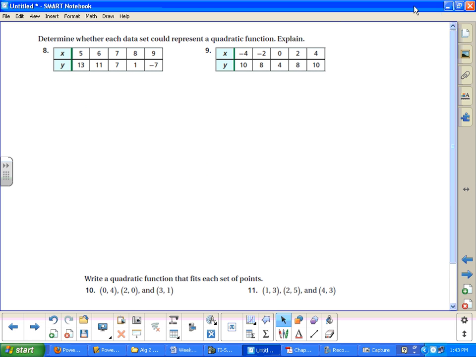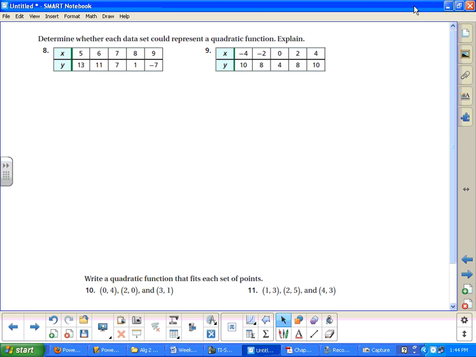Okay, in lesson 8 then we looked at finding a quadratic model that fits a set of data, or first of all, checking to see if a set of data even is a quadratic model. So if we look at number 8, how do I know whether this represents a quadratic or not? How do I know? Okay, if the second differences are the same. Now sometimes you can look at them and just see whether they are or not.